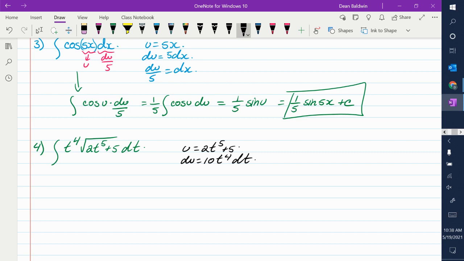What do I need to do? Divide off the 10, because those two things are what I need to get rid of, because all the inside here is already u. So du over 10 is t to the 4 dt.